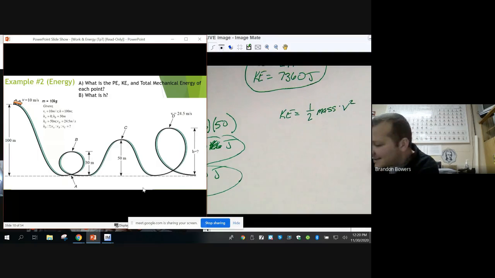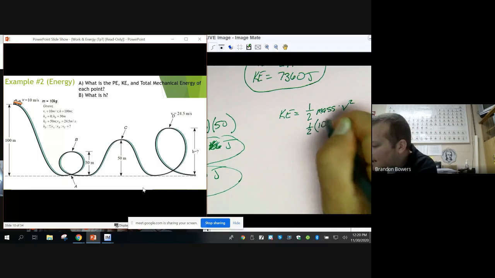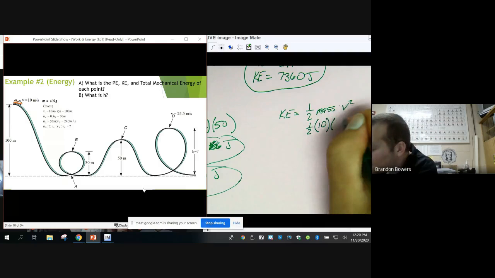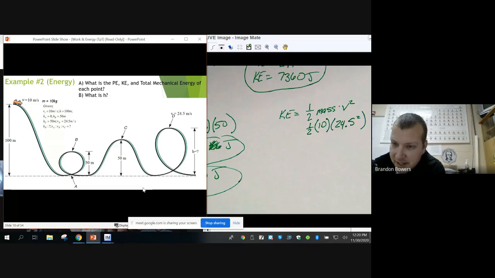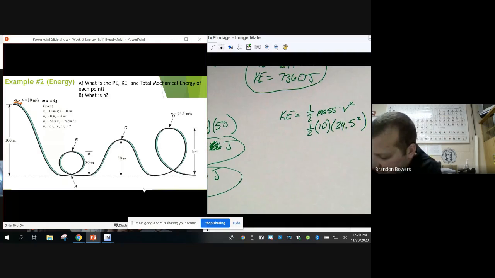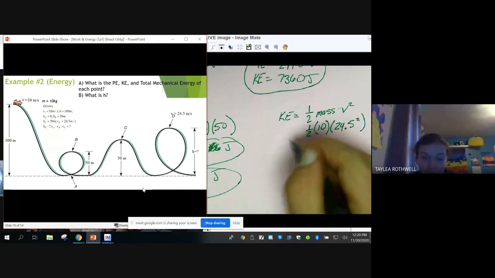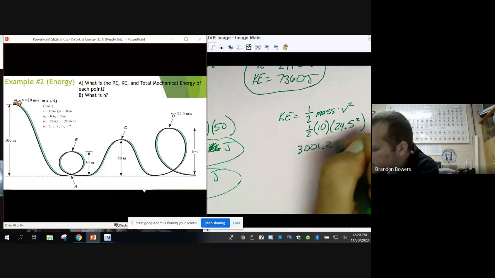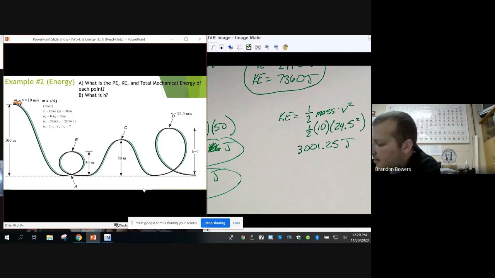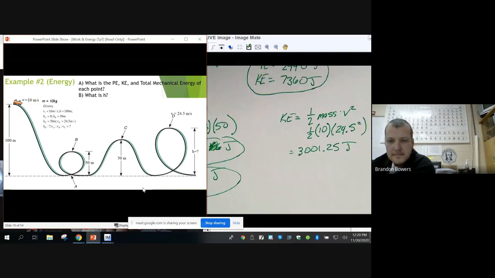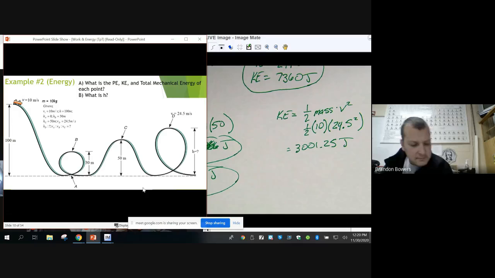The mass is 10, so half of 10 times the velocity, which in this case is 24.5 because that's given to us, squared. What's that equal? 3,001.25. Is that what everybody's getting? That's what I got as well.